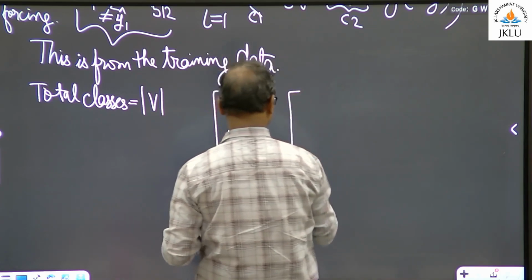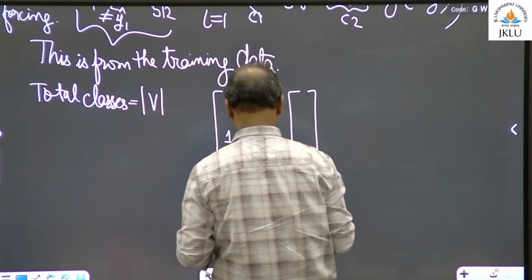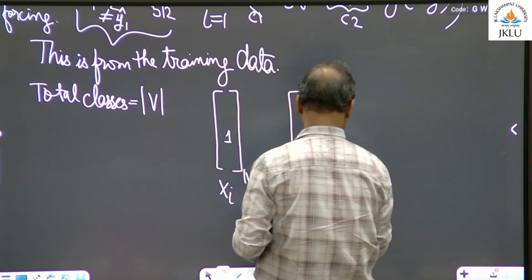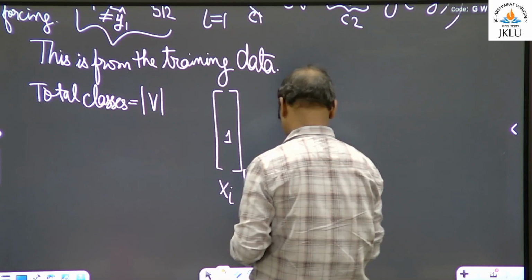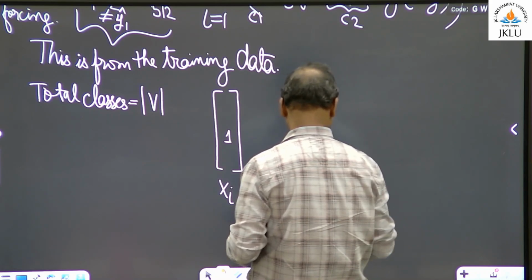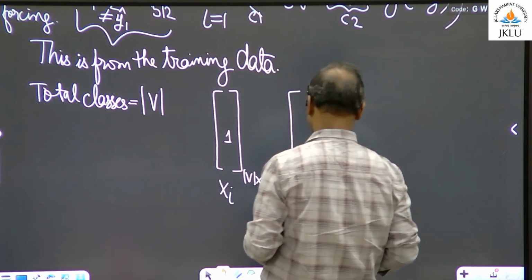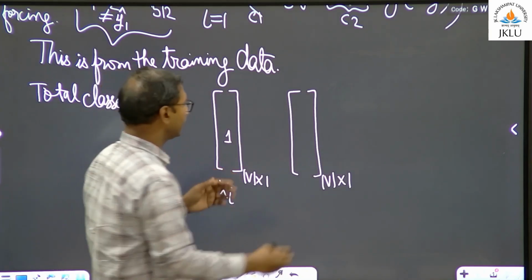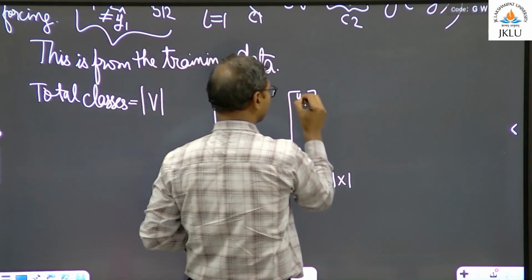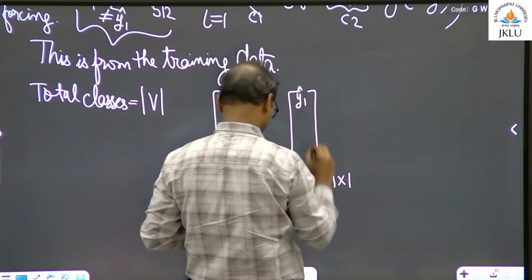And what about your output? That is also mod v cross 1. Right? And here you will have y1 hat, I mean not y1 hat, sorry.